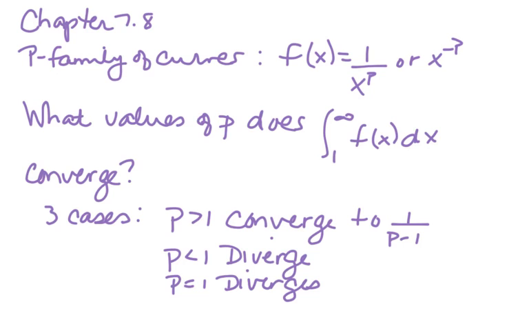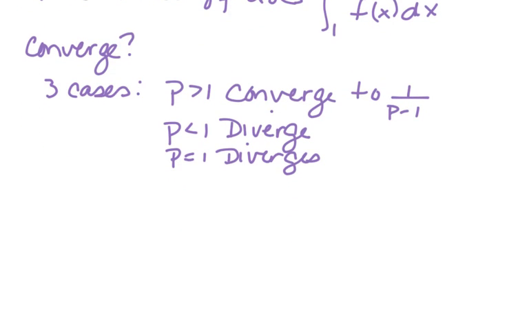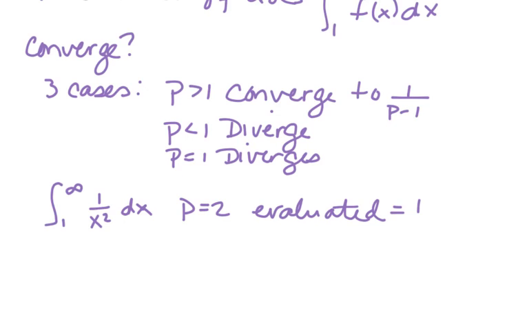And we already saw an example of our first p family when we introduced improper integrals. I gave you the integral 1 to infinity of 1 over x squared dx. And here, p is equal to 2. And I told you that that integral evaluated to 1. So the area under that curve was 1.